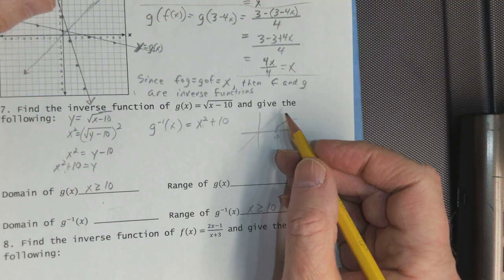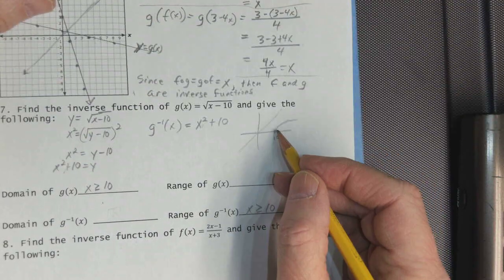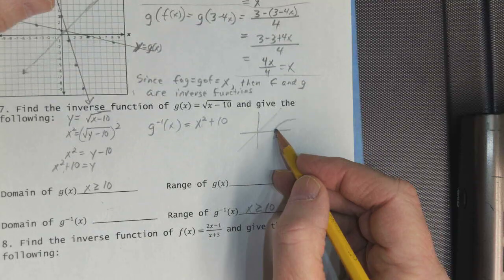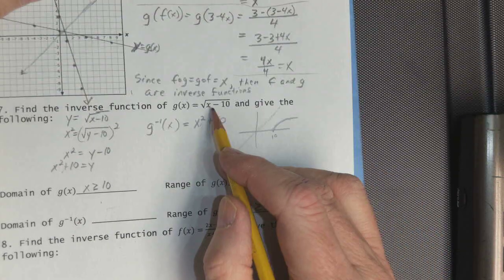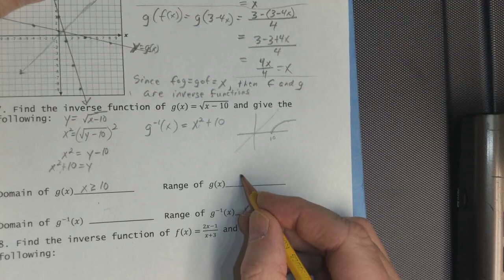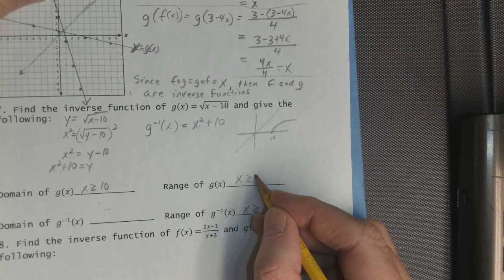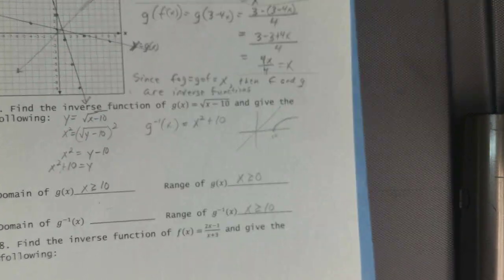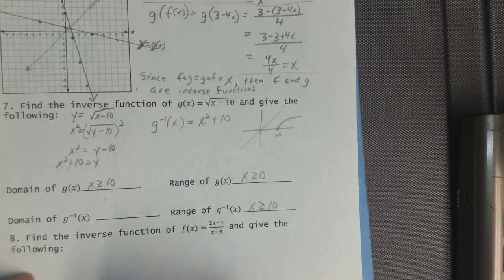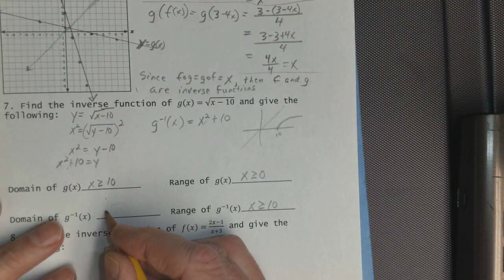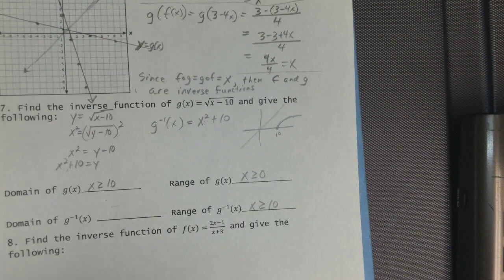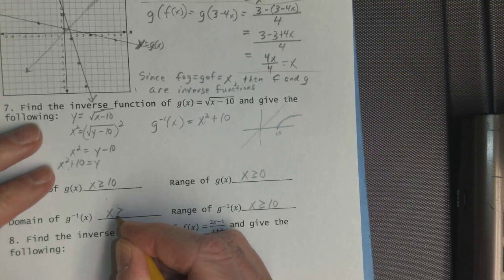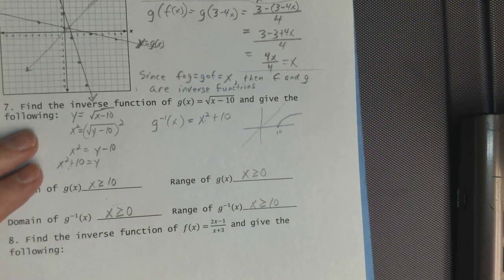Okay, if I'm going to get the true range here of g of x, I'm going to just use the function g of x, and x is greater than or equal to 0, which means, okay.